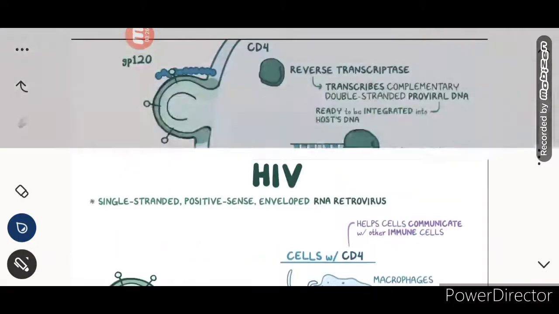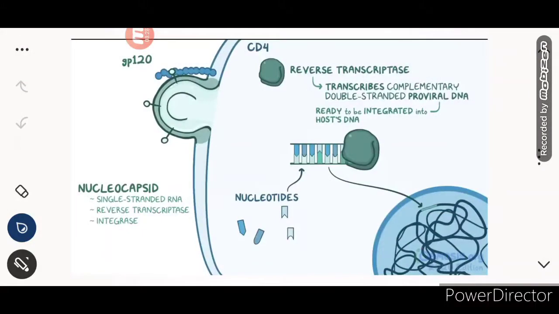Now, how does the virus incorporate into the cell? It comes here and attaches via the GP120 receptor and gets control over the host cell and enters. Once it enters, it releases the nucleocapsid and the reverse transcriptase enzyme. The nucleocapsid consists of the single-stranded RNA, reverse transcriptase and the integrase. So the nucleocapsid protein contains these three parts.